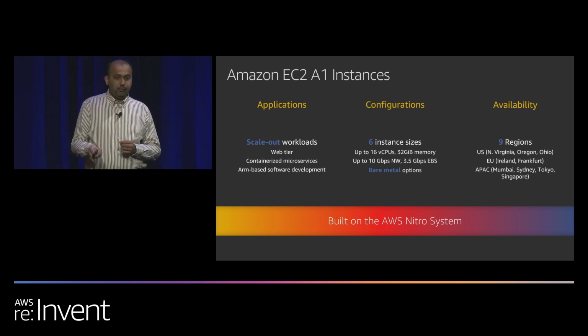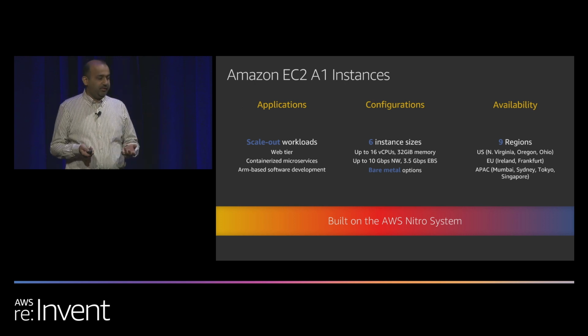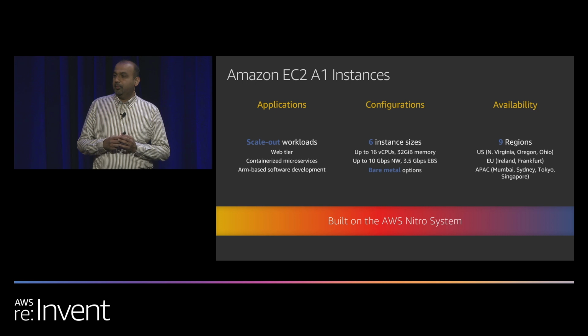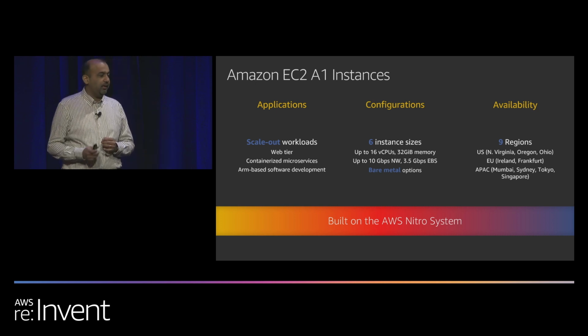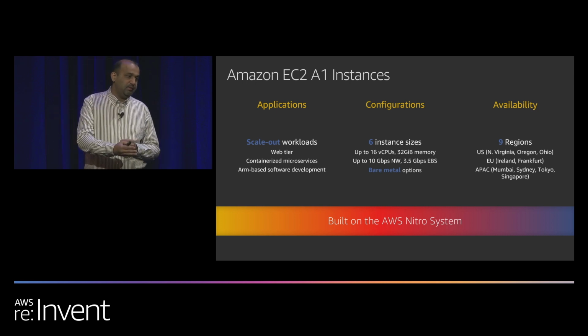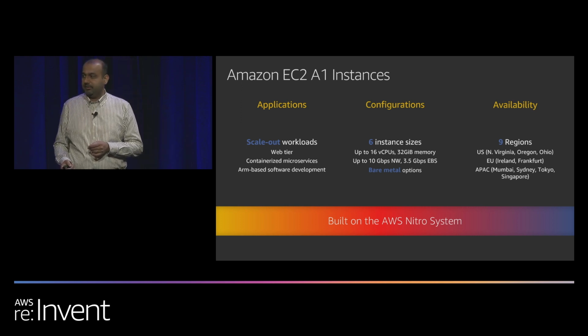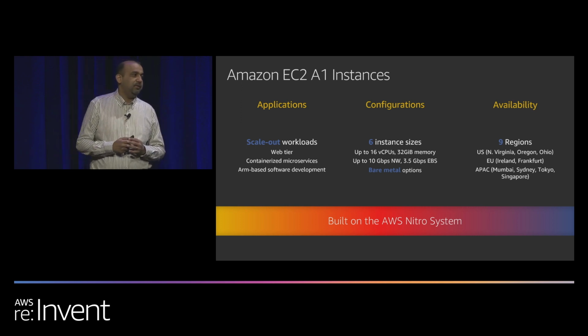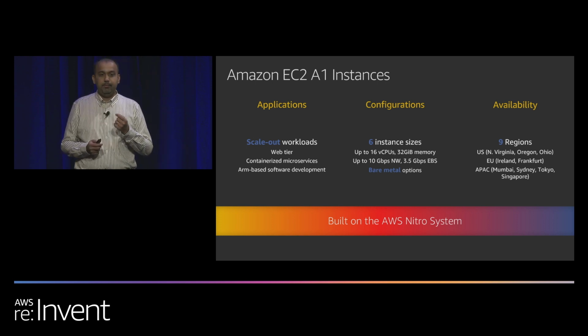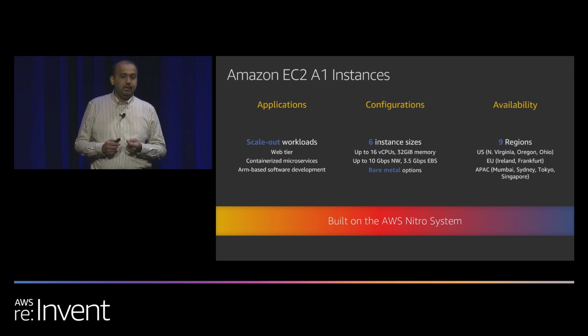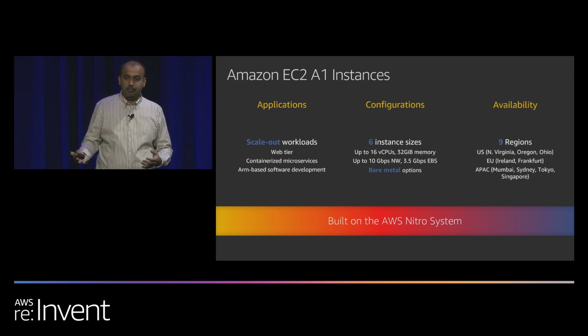And in terms of configurations, we support 6 instance sizes, up to 16 vCPUs, with both enhanced networking as well as EBS support. And since we've announced the A1 instances and introduced them, we've also been working to enhance both the capabilities as well as the global availability of these instance types. For example, we introduced most recently a bare metal version of the A1 instance, targeted at applications that may need access to the underlying server resources such as the processor or the memory.